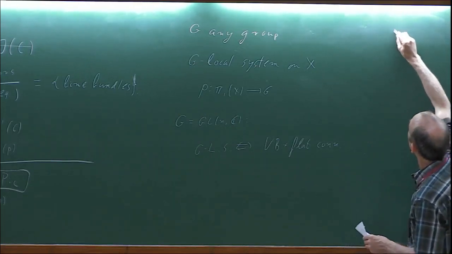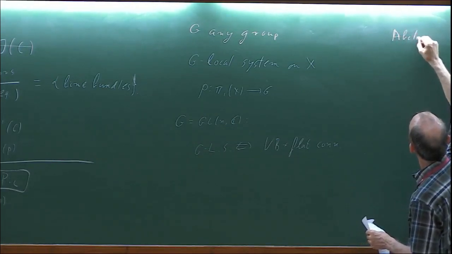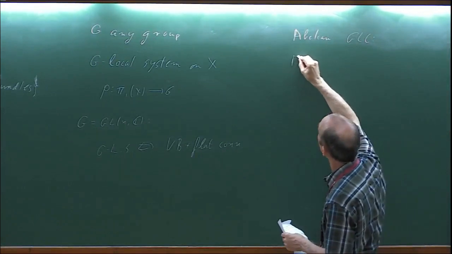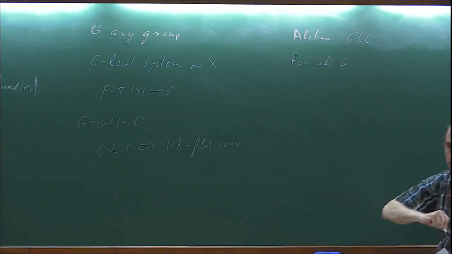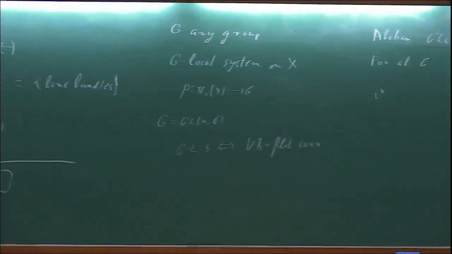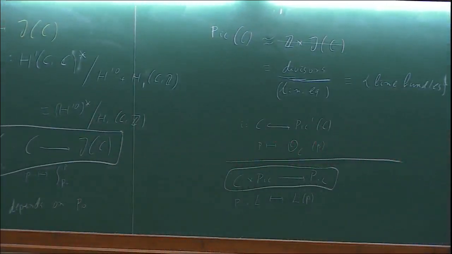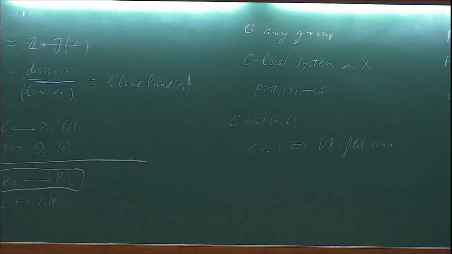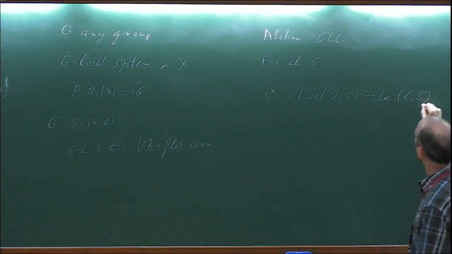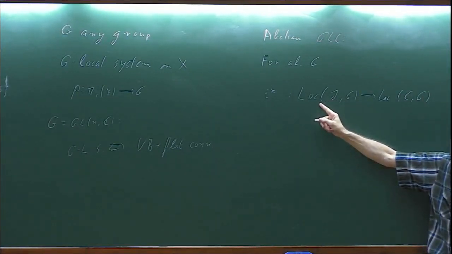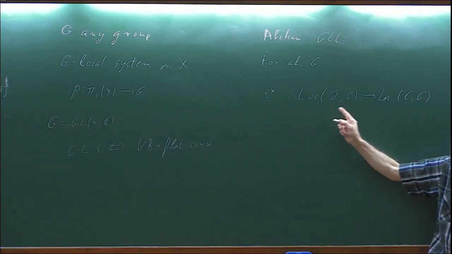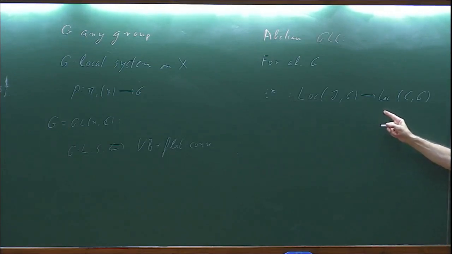So the abelian or baby version of the geometric Langlands conjecture says that for abelian groups G, I upper star, where I is, let's say, this map, the Abel-Jacobi map from the curve to its Jacobian, you can think of it as a map from Loc_G of J to Loc_G of C. So C is a curve, J is its Jacobian, what I was calling J of C. Loc_G of J means the set of isomorphism classes of G local systems on J. Whenever you have a map, you can pull back the local systems.